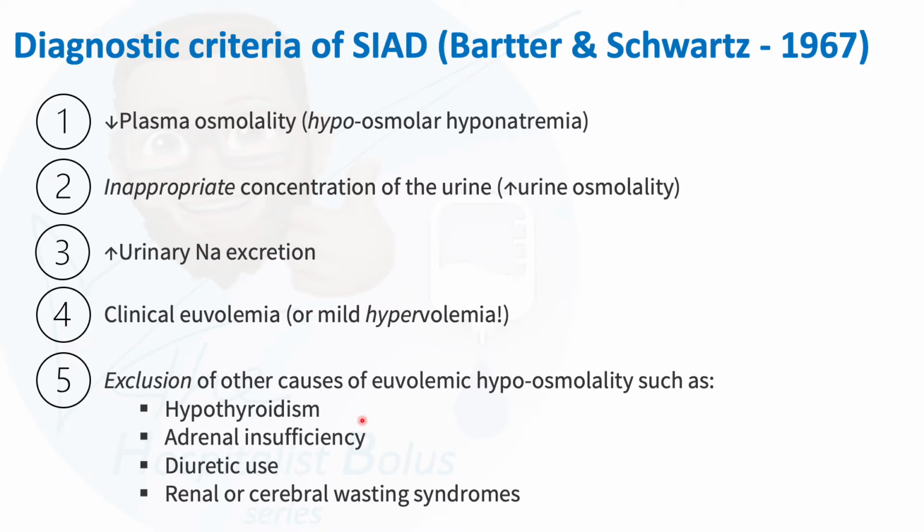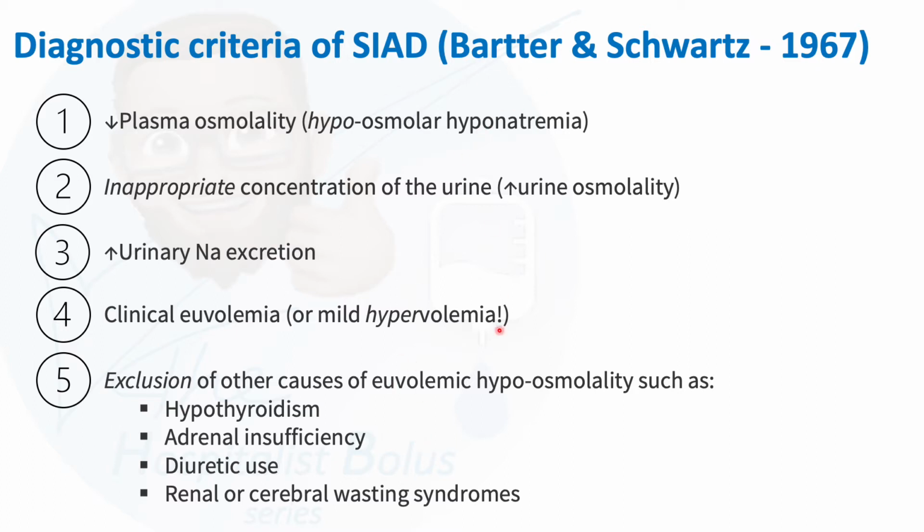So they might have manifestations of severe hypothyroidism to be reliable to call it a cause of hyponatremia. Adrenal insufficiency, specifically secondary adrenal insufficiency, also might mimic SIADH. And because of these two, most experts recommend checking TSH and serum cortisol in any patient before you make the diagnosis of SIADH.